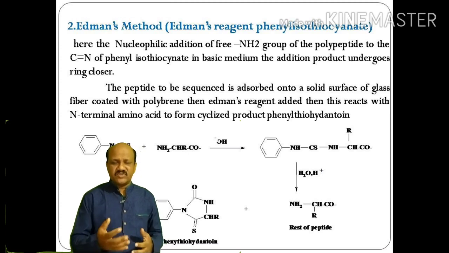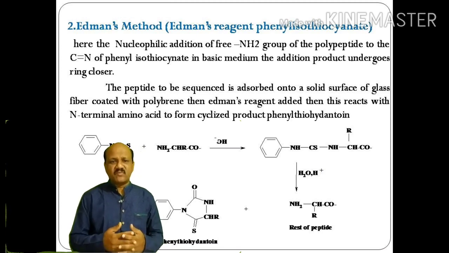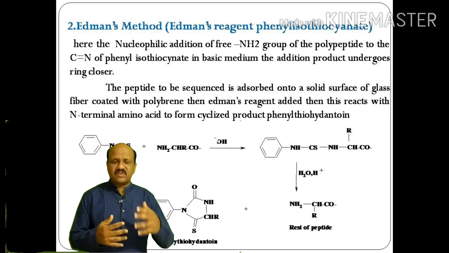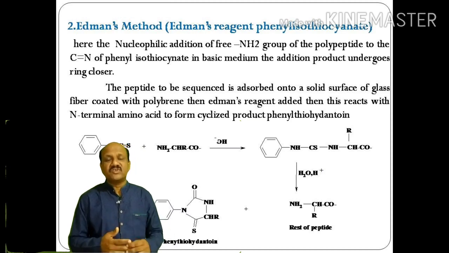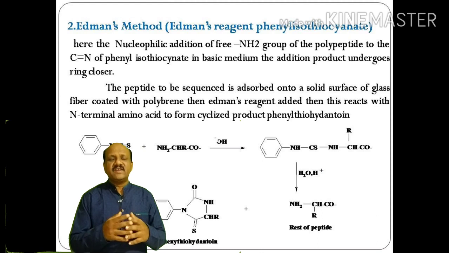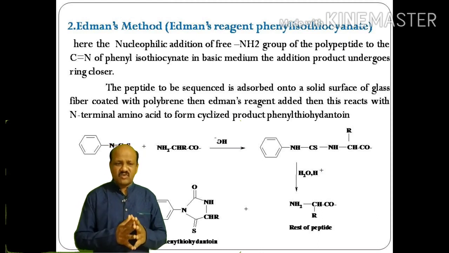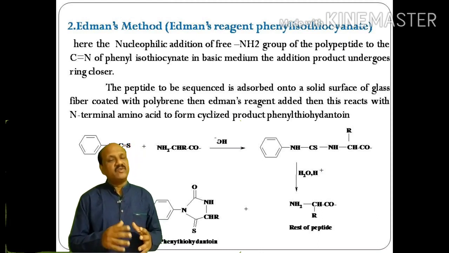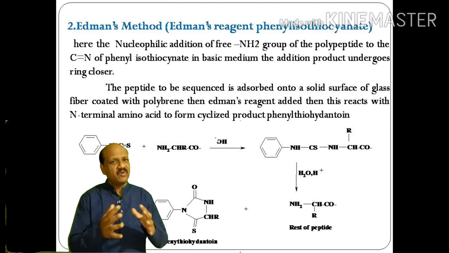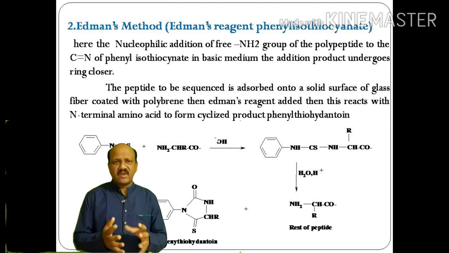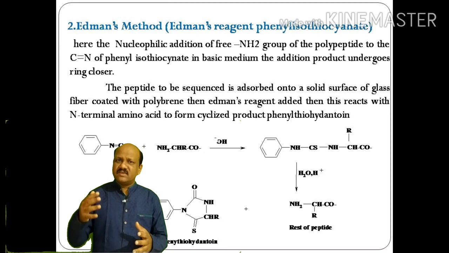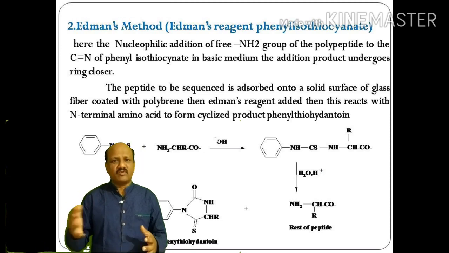The addition product undergoes ring closure, and after ring closing, phenyl thiohydantoin is formed. This is the big molecule which is formed, and then it can be analyzed by chromatography.